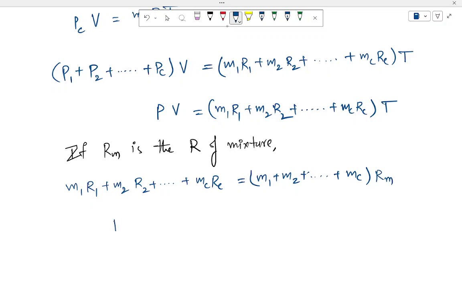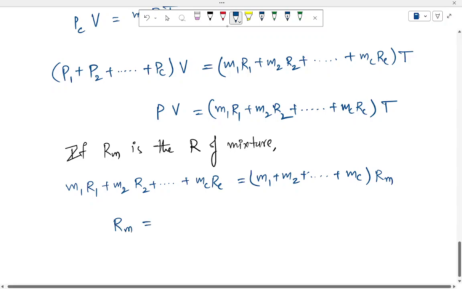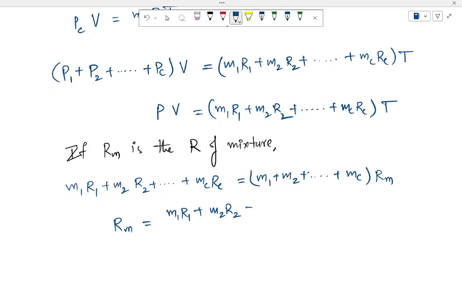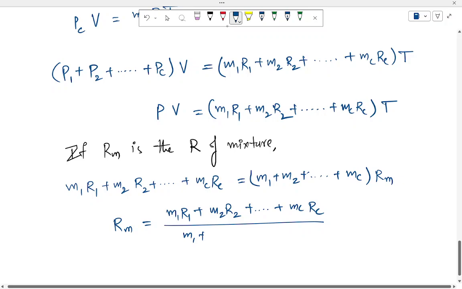So now the Rm can be expressed as M1 R1 plus M2 R2 plus so on plus MC RC, divided by M1 plus M2 plus so on plus MC. So this is how you can express the Rm here.